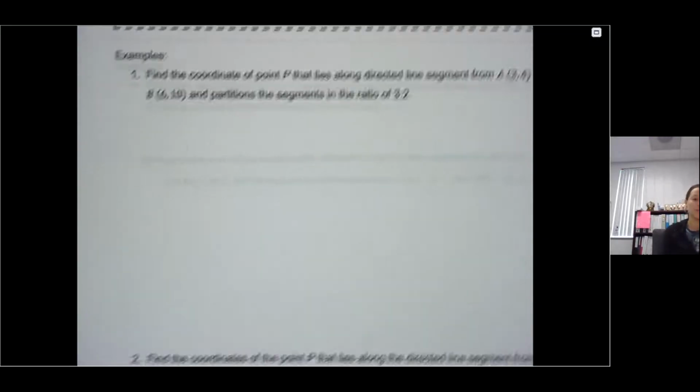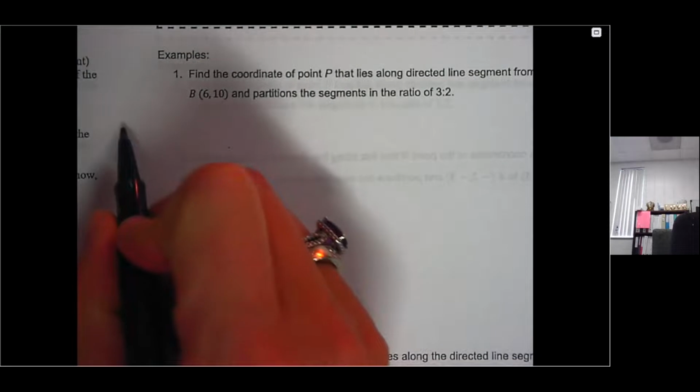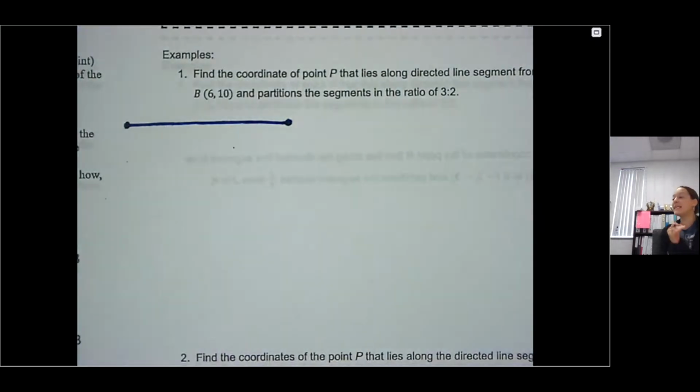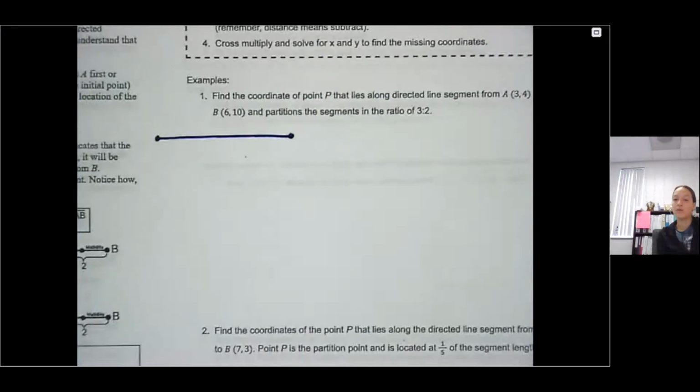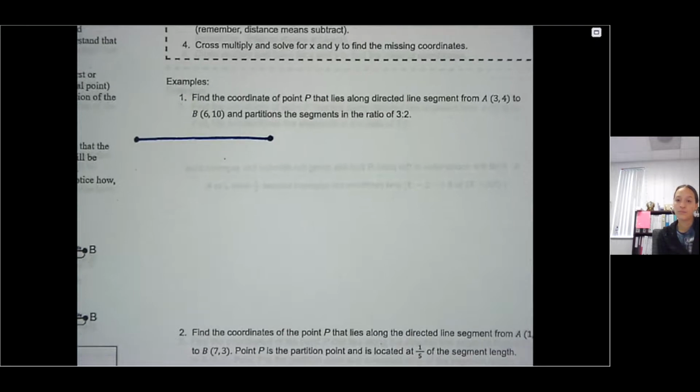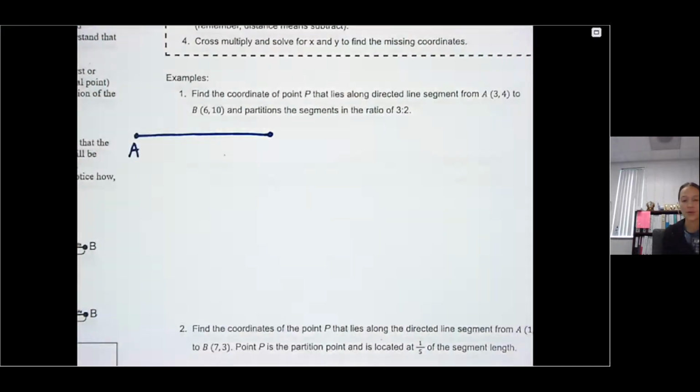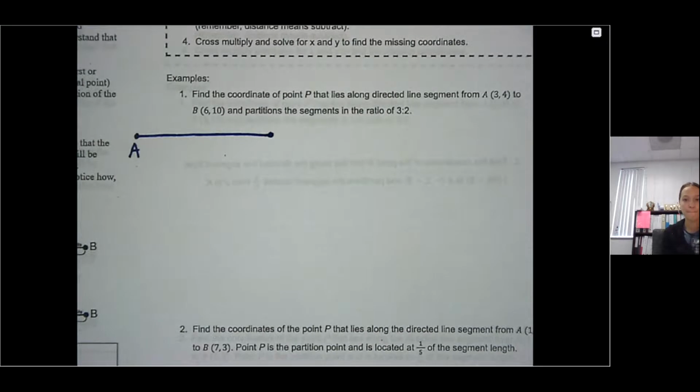Don't draw it too big. Okay, here's my line segment. What is my initial or starting point? 3, 4. So A is my starting point. Good. And what's my ending point, my last point? B is my end point.